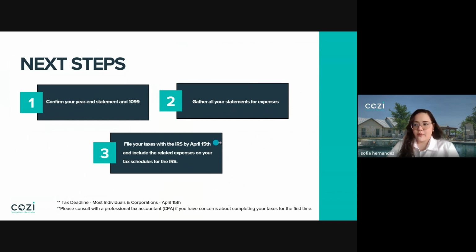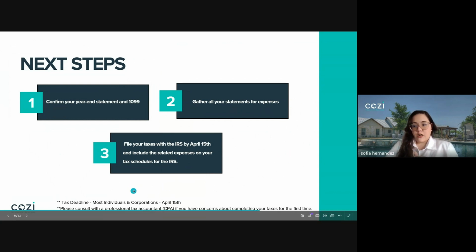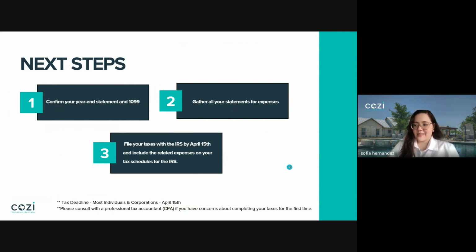You mentioned, right, Wendy? It would be the date that they use, and include all the related expenses on your tax schedule. Most individuals and corporations do have April 15th, and we are at the disclaimer here that please consult with a professional tax accountant if you have concerns about completing your taxes for the first time.